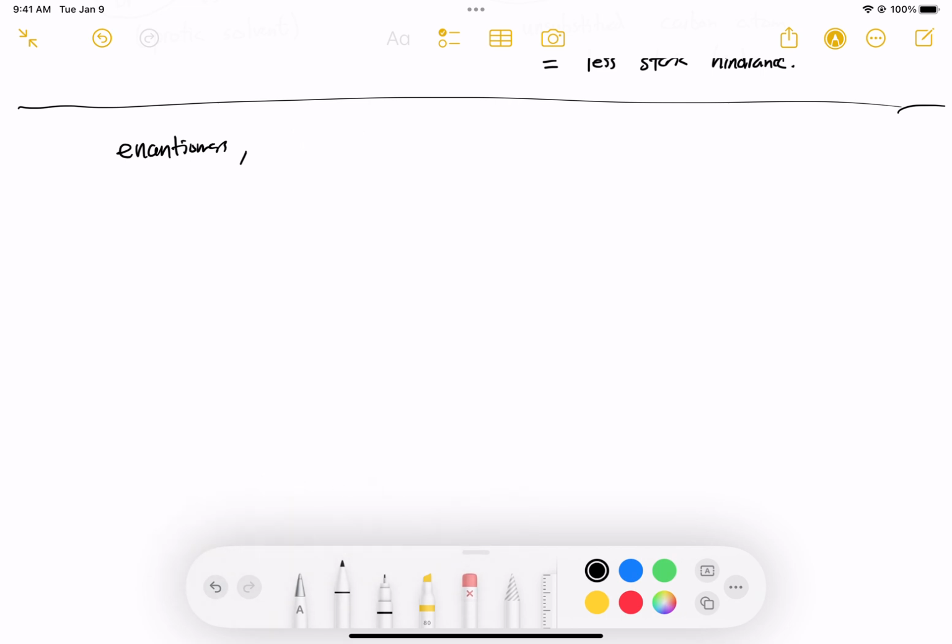All right, so diastereomers. So is it enantiomers, diastereomers, meso compounds? So are they the same meso compound?